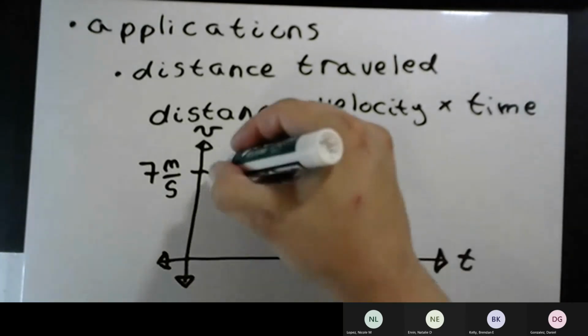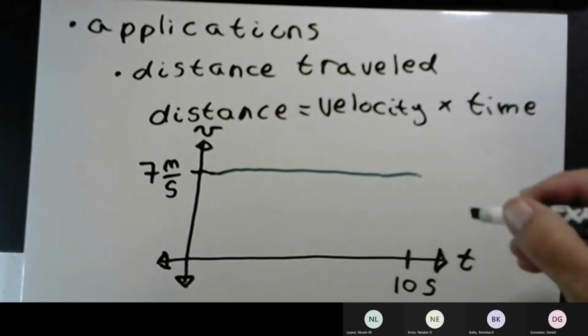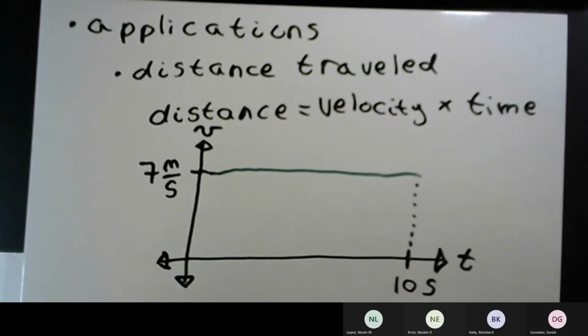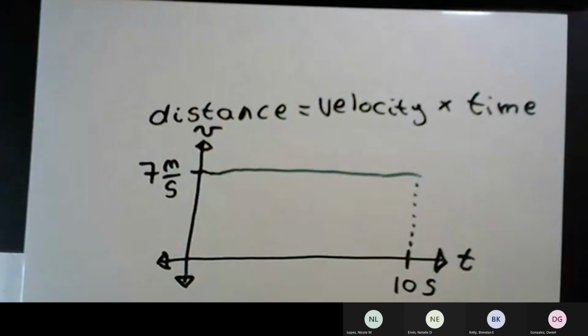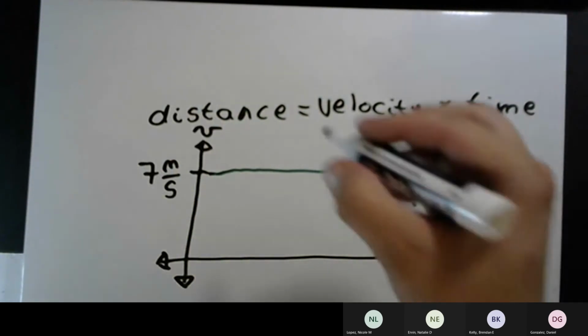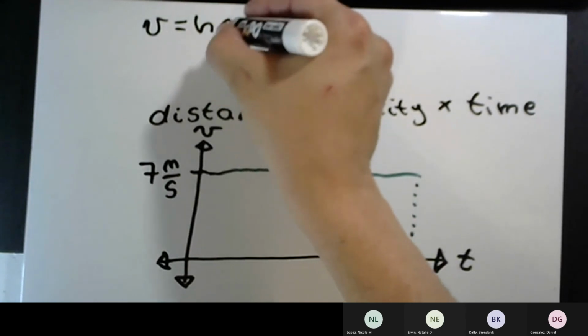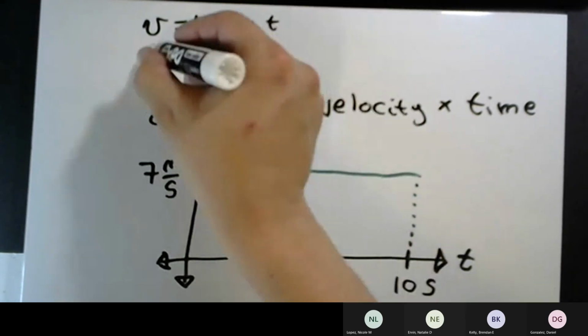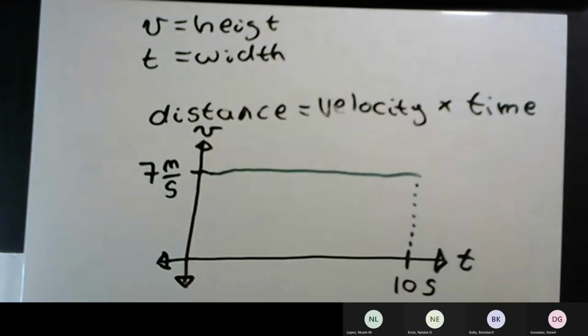So that means our velocity is going to be constant. And then we're going to stop. Well, the distance in this case, here, velocity, v, is a height. Time, t, is a width.